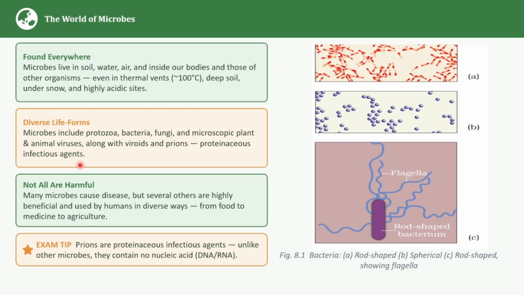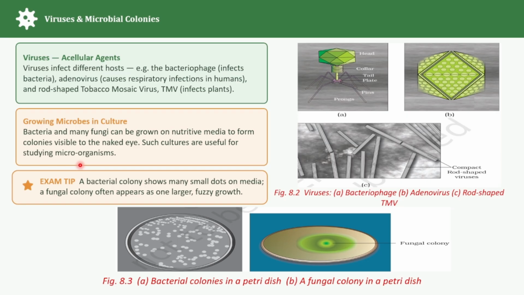Next, we are going to see viruses and microbial colonies. The slide shows viruses such as this bacteriophage, the adenovirus, and also the TMV, tobacco mosaic virus, and also how bacteria and fungi can form visible colonies when grown on suitable media.